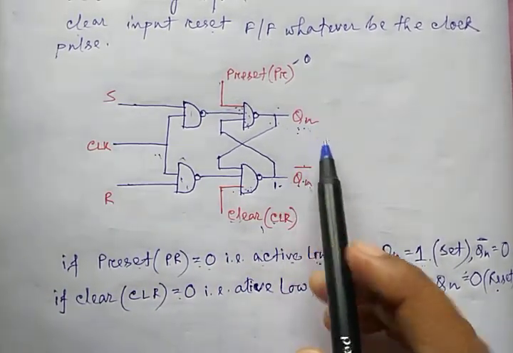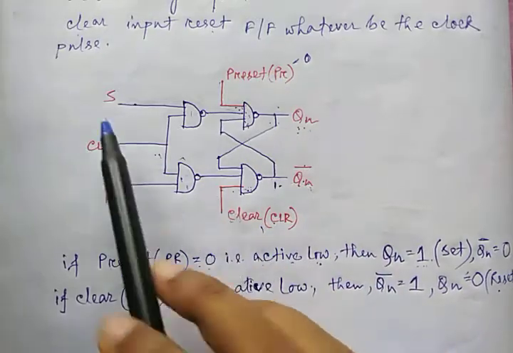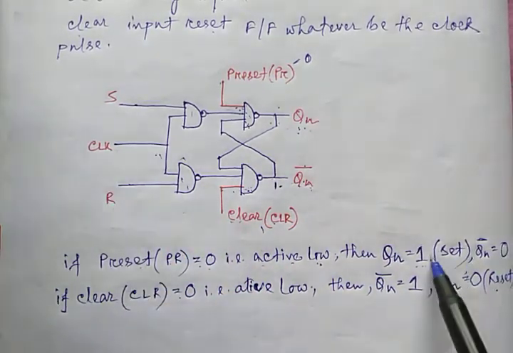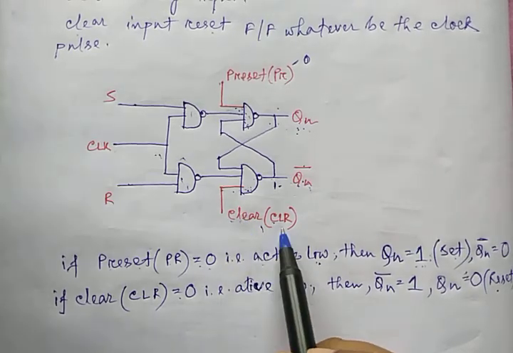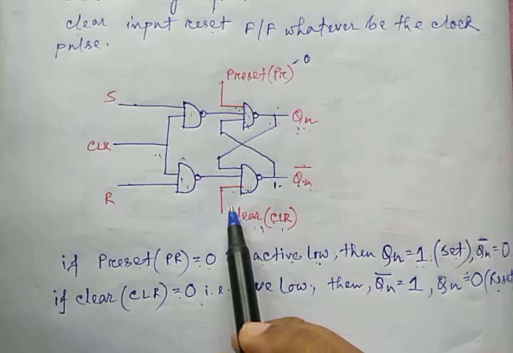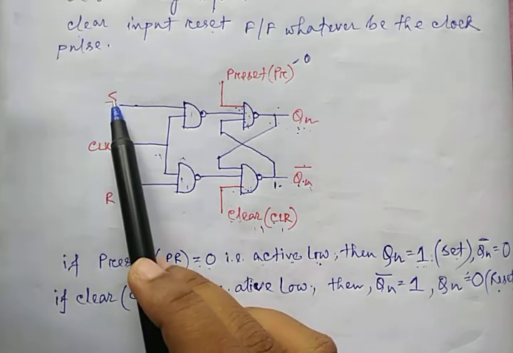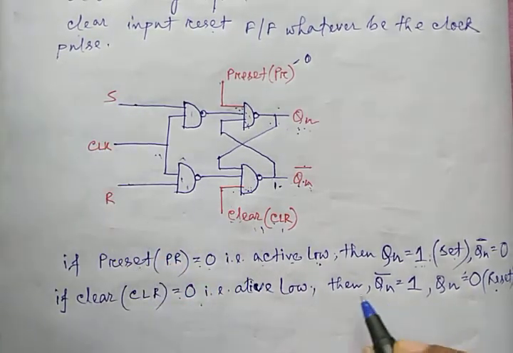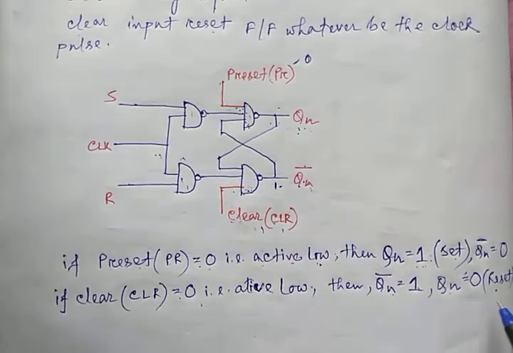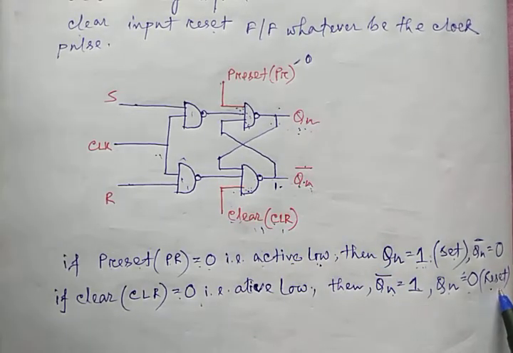That means we can set the flip-flop without affecting the input value and clock. 1 means set. And if we feed clear as 0, whatever the value of S, R and clock, we get 1 in QN bar. So QN is 0, and 0 means it is reset.